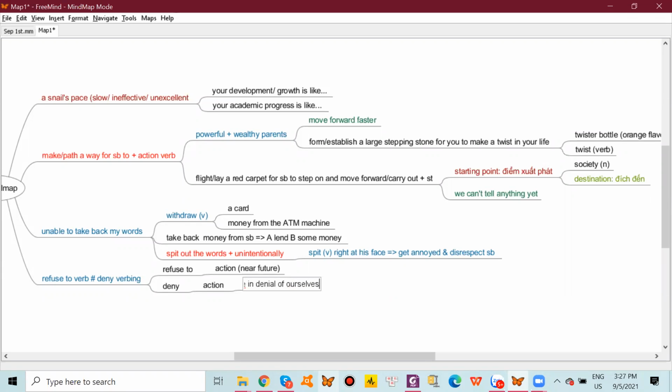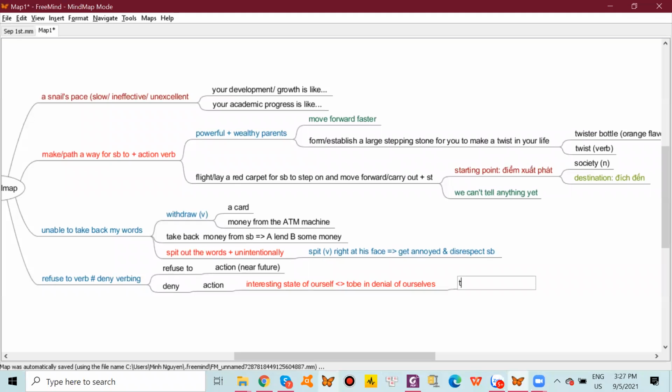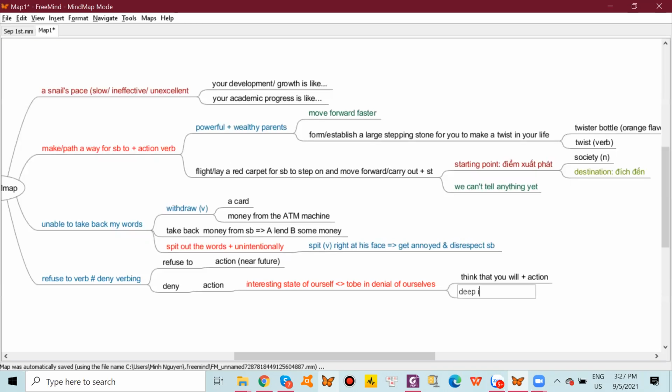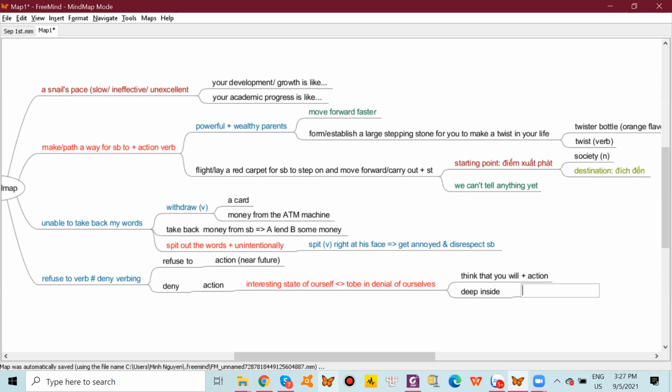To be in denial means you think that you will do this kind of thing, you will perform this, but deep inside your heart, you don't want yourself to act like you think.